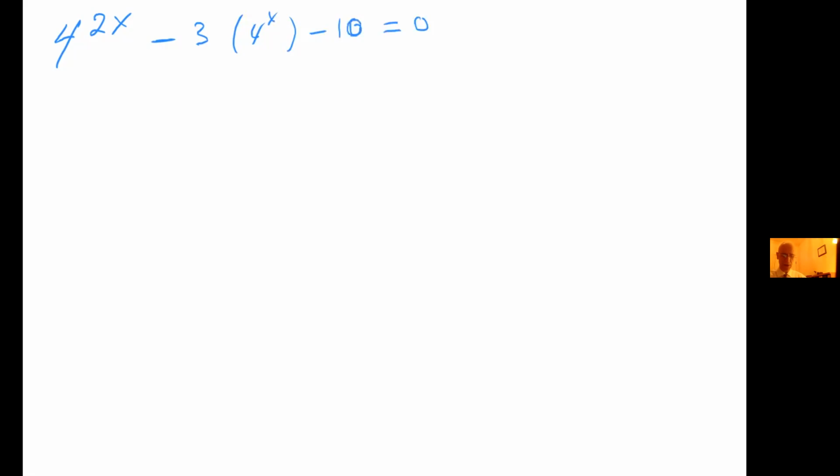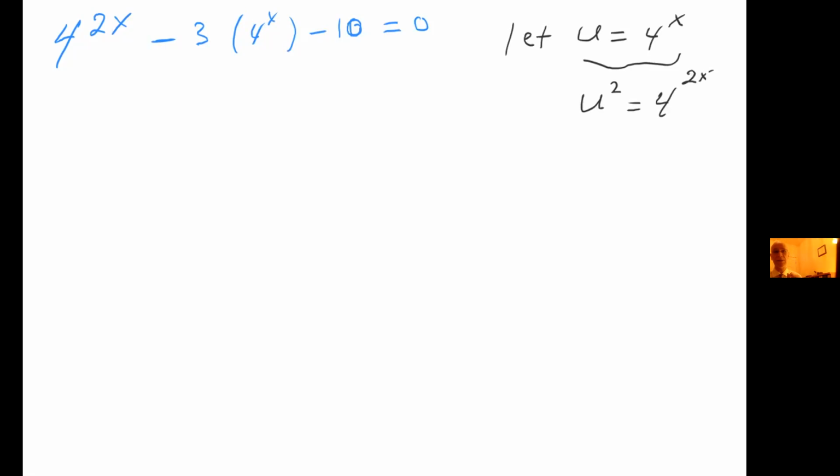I think it would be easier for you to see if I let some u equal 4 to the power of x. Now, if I square both sides of this new equation, I get u squared equals 4 to the x times 4 to the x, which is 4 to the power of 2x.